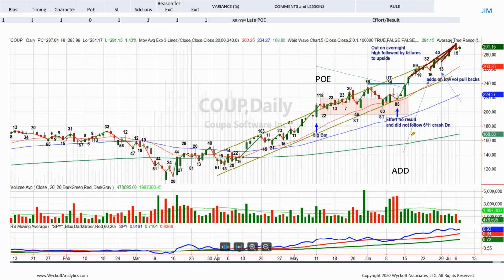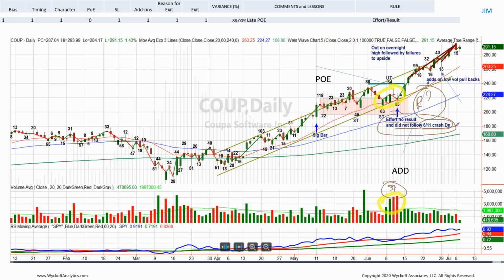What's interesting here is this volume signature at the end of the trading range. What does it signify? So there is definitely some supply that is coming in here, but at the same time, what kind of result do we have? And also, please note, here is a note from Jim, that there is a lot of effort to push the price down, and there is no result. And that happens on or around the day of June 11th.